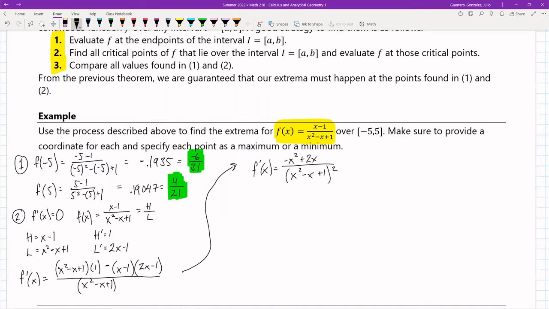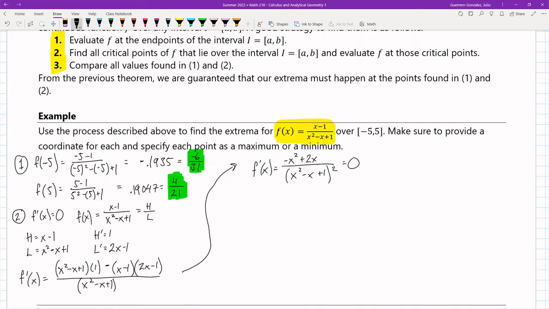So we have our derivative. Now we need to find where this thing is equal to 0.